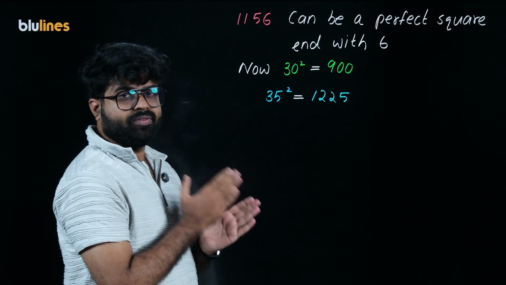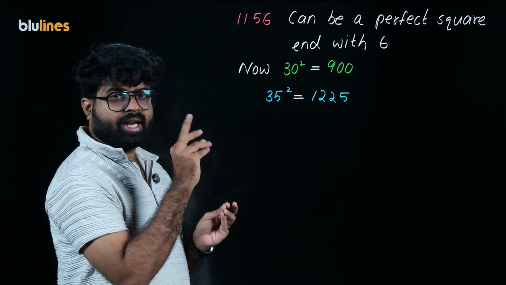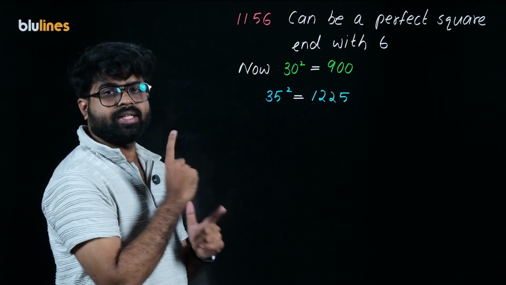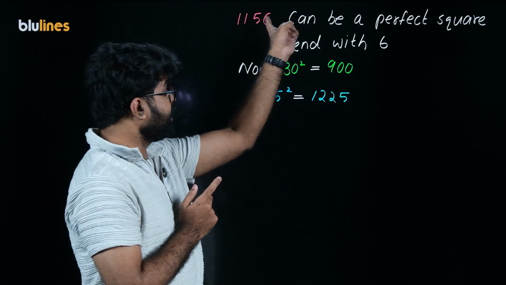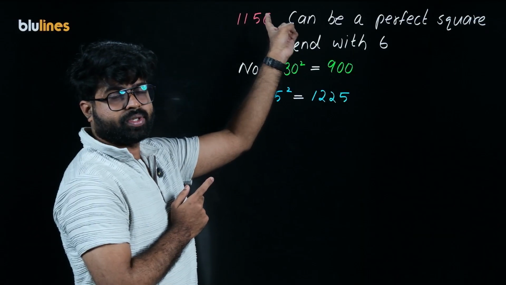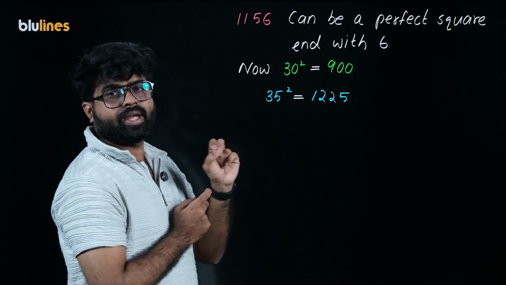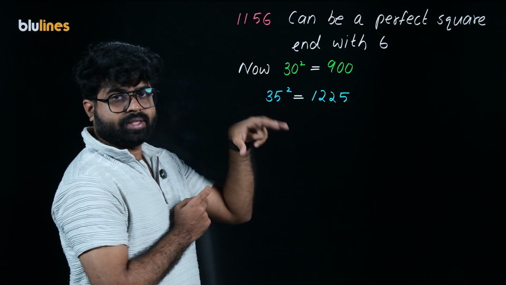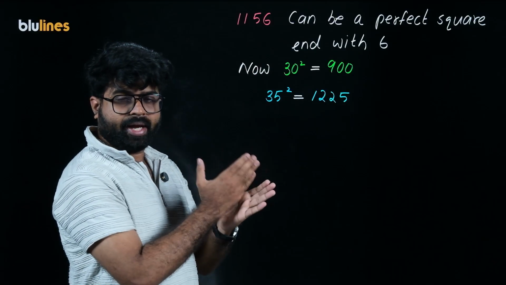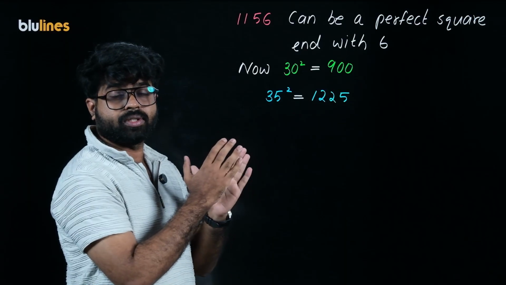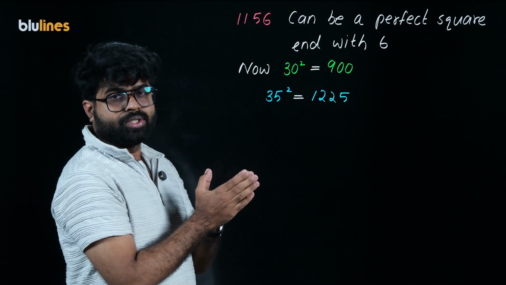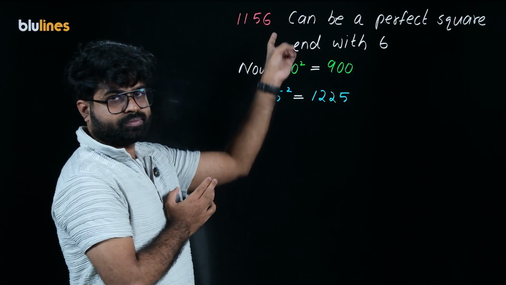So, if I pick 31, the last digit is 1. 1 square is 1, so its units digit must be 1, but here it is 6. Now if I pick 32, 2 square is 4, so the units digit is 4, but here we have 6.